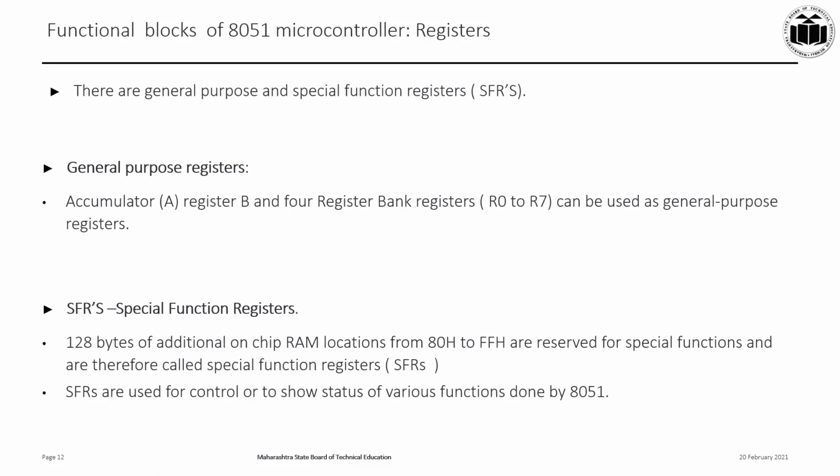They are used for control or to show the status of various functions which are done by the 8051 microcontroller. And each SFR has got a name and an address which is from 80 hex to FF hex.